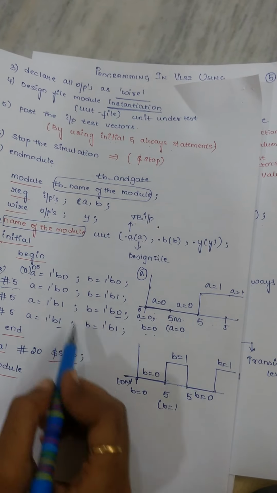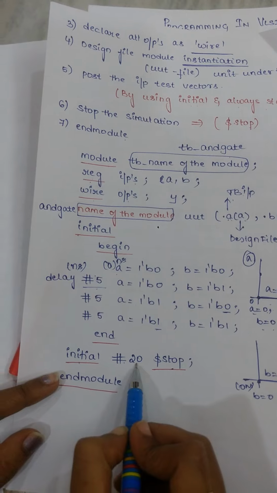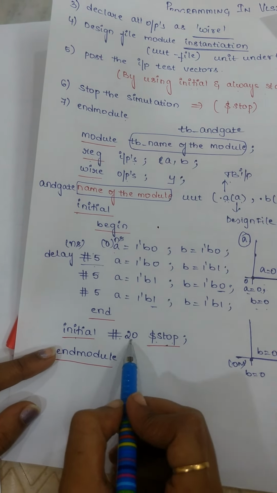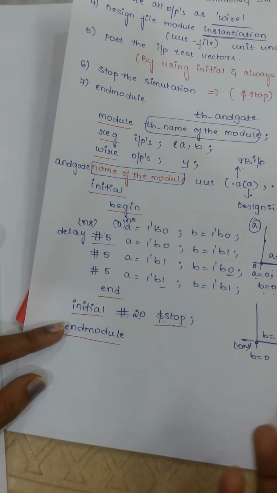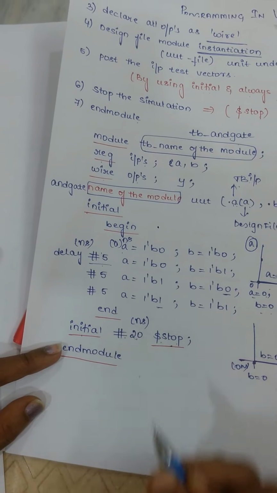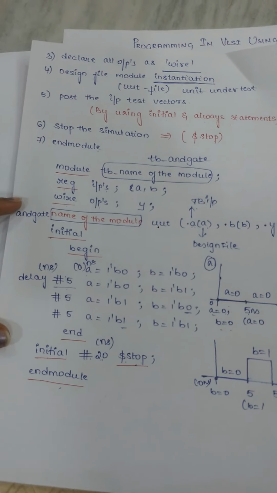Once after this, I have to stop my simulation. Initial 20 nanoseconds with the delay, $stop. Here there is no need to give only 20. You can give 25, 30, 45, 100, whatever it may be, and that should be represented in nanoseconds. $stop, end module. This is how you write the test bench.